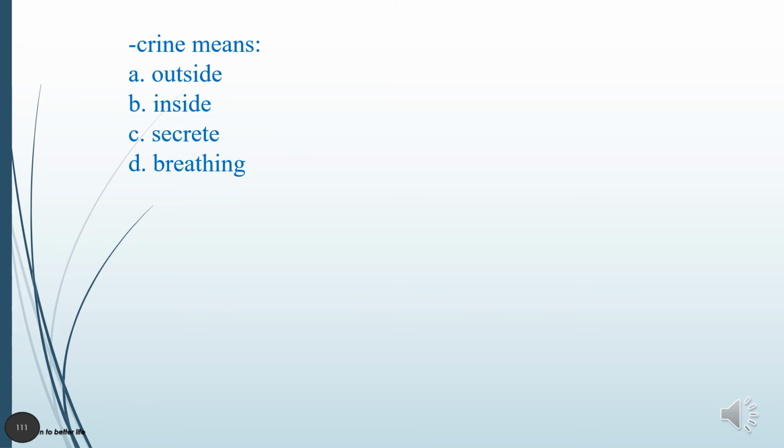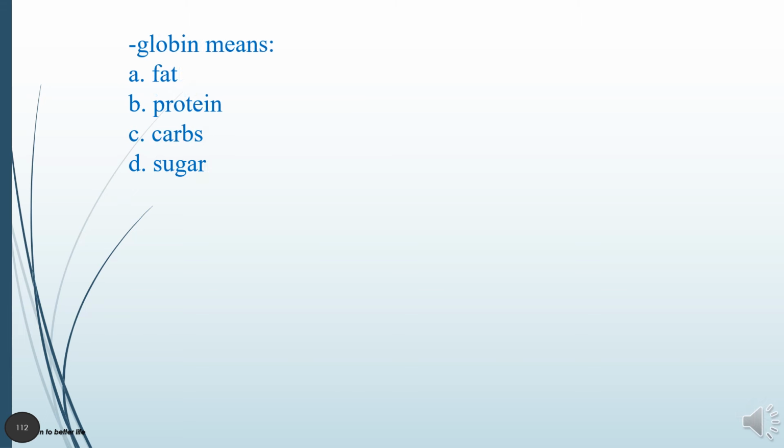Crine means A. Outside. B. Inside. C. Secrete. D. Breathe. The answer is C. Secrete. Globin means A. Fat. B. Protein. C. Carbs. D. Sugar. The answer, B. Protein. Ophthalmo means A. Foot. B. Hand. C. Eye.